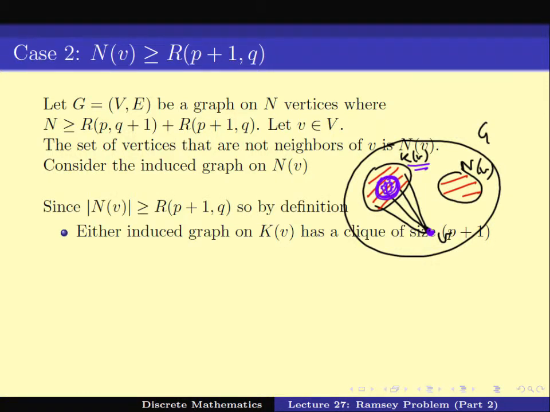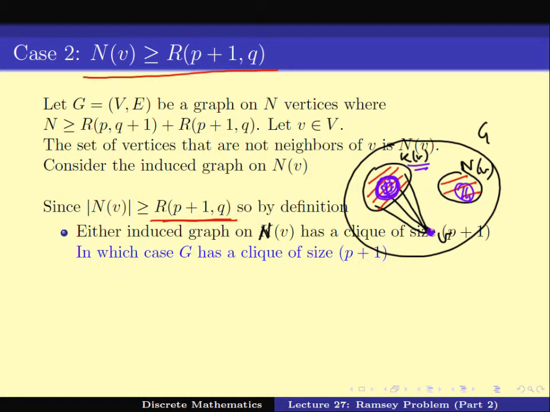Now since NV is bigger than R(p+1,q), by definition, two things hold. Either this NV has a clique of size p+1, so it already has a clique of size p+1. In that case, this whole thing is still a clique of size p+1 in the original graph.